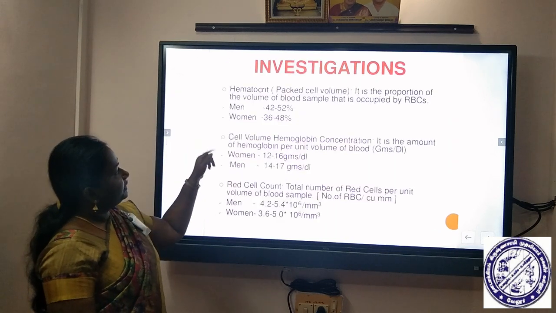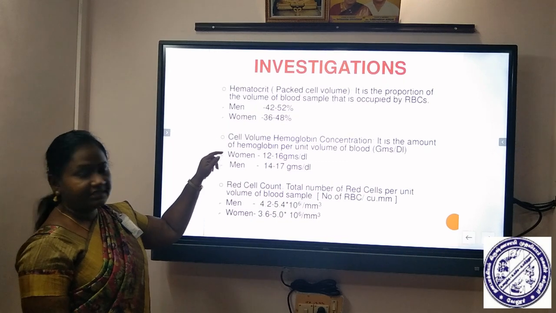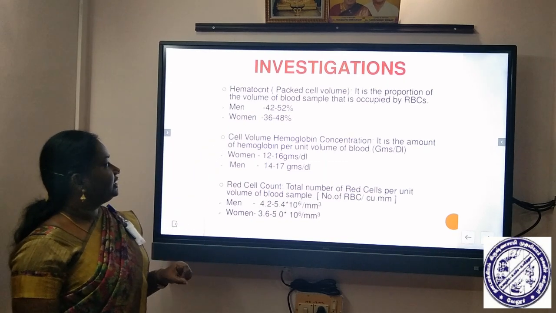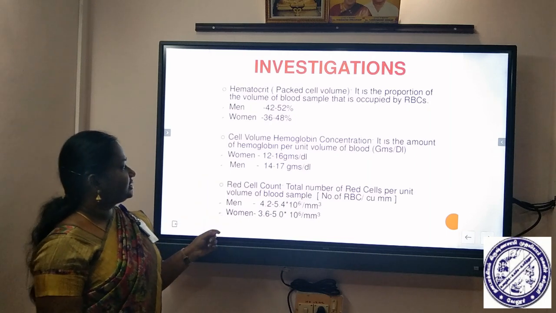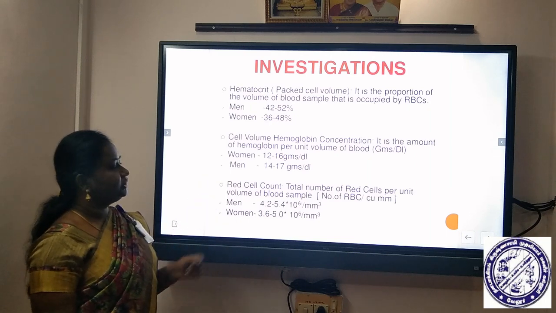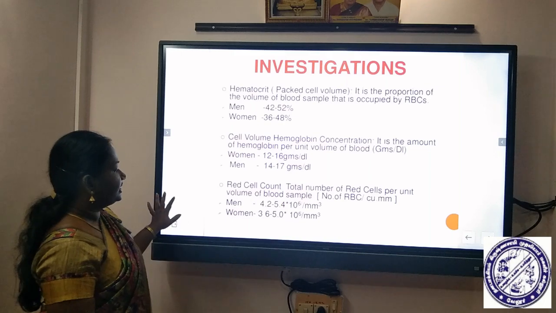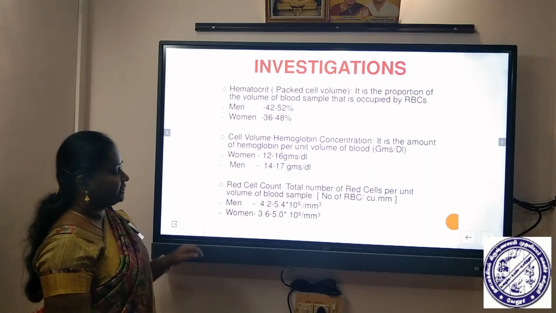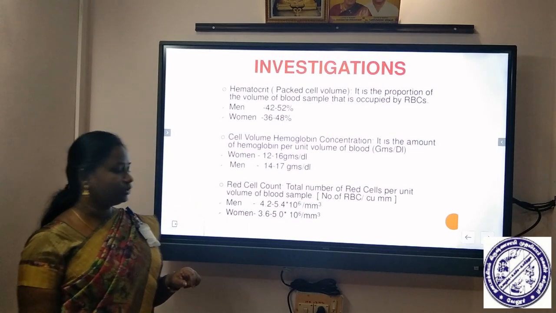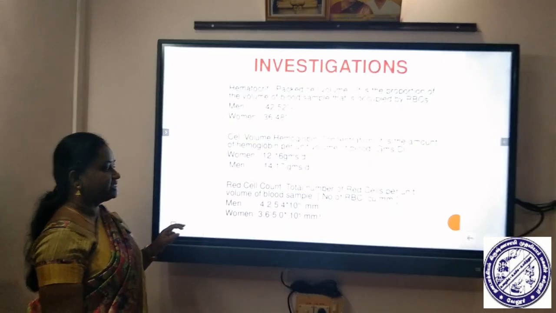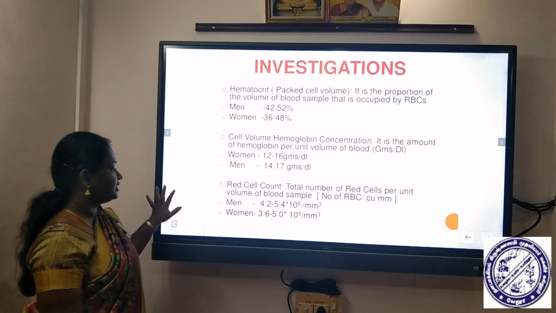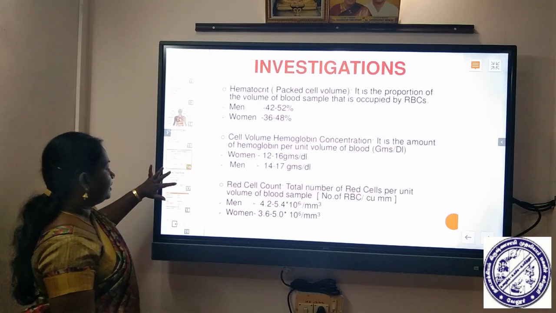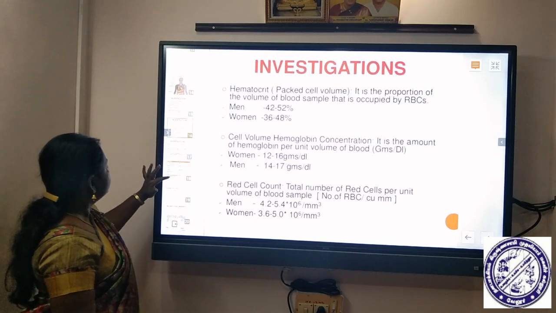For hematocrit, men 42 to 52%, and women 36 to 48%. Hemoglobin, for women 12 to 16 grams per dl, and men 14 to 17 grams per dl. Red cell count, men 4.2 to 5.4 times 10 to the power of 6 per mm cube, and for women 3.6 to 5 times 10 to the power of 6 per mm cube.